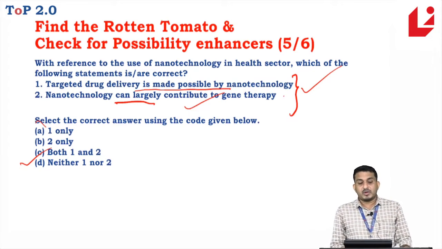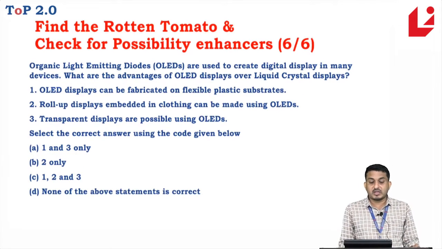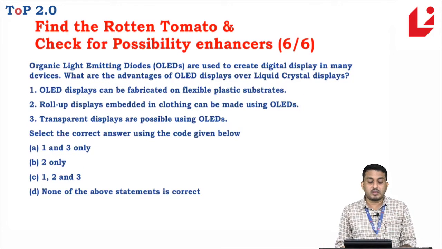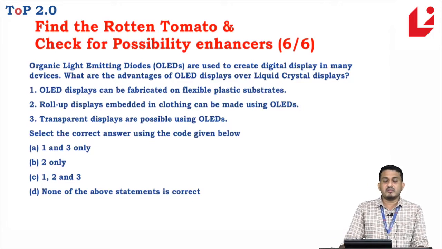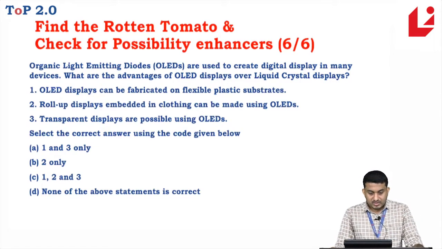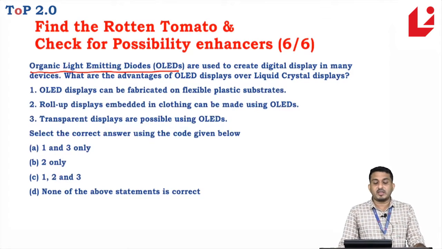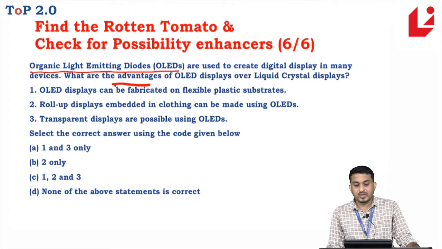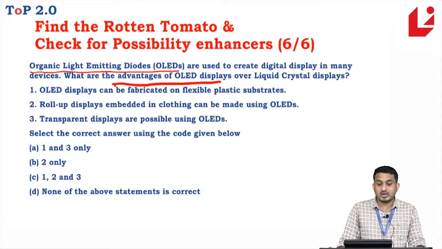Now coming to the next question. The last question in this particular category. It is very similar. It's a practice question, very similar to the previous question. Again, read the question. The question is regarding organic light emitting diodes and advantages of OLEDs over liquid crystal displays.